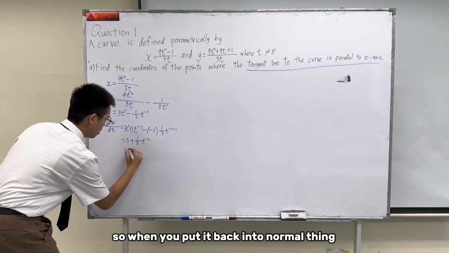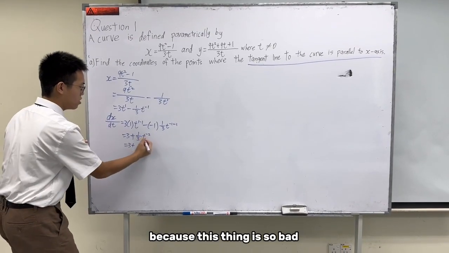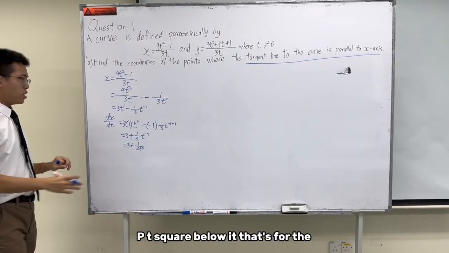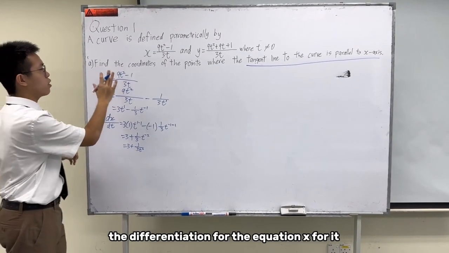Putting it back into normal form, it is 3t squared below. That's the differentiation for the x equation only.